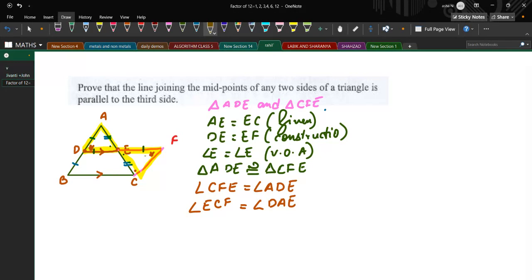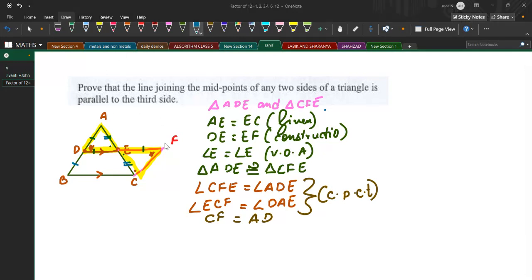By corresponding parts of congruent triangles, there is one more side, CF, which is equal to AD. So for all three, the reason is the same: corresponding parts of congruent triangles. Whenever triangles are proved congruent, their parts become congruent, and whenever triangles are similar, their sides become proportionally equal.